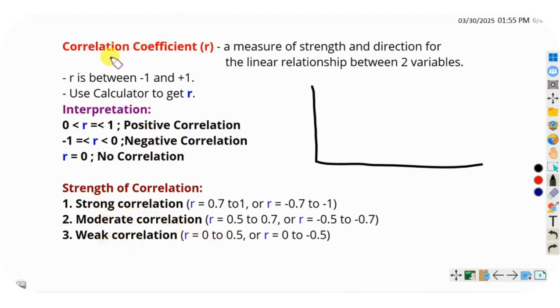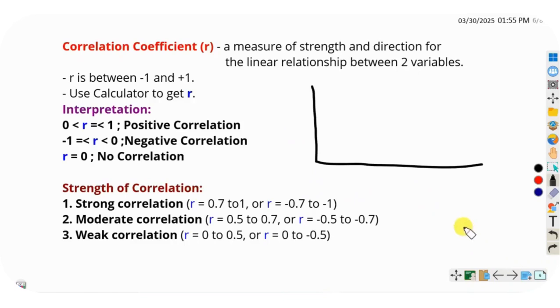Okay, so that is what we talk about when we say correlation coefficient: a measure of strength and direction for the linear relationship between variables, where one variable represents x and the other represents y. So that is it with the correlation coefficient.